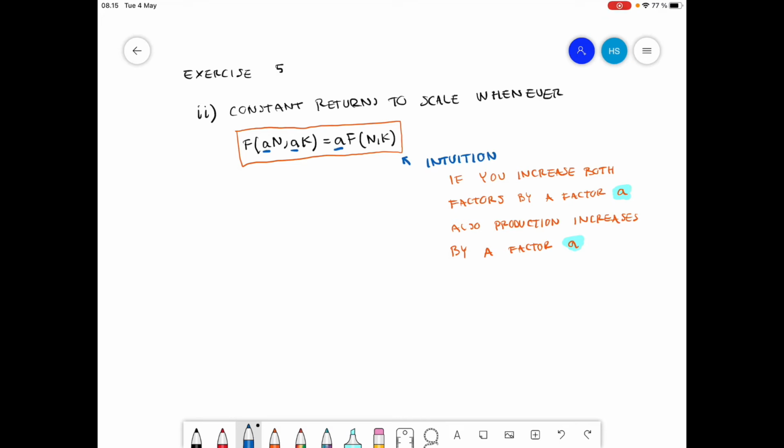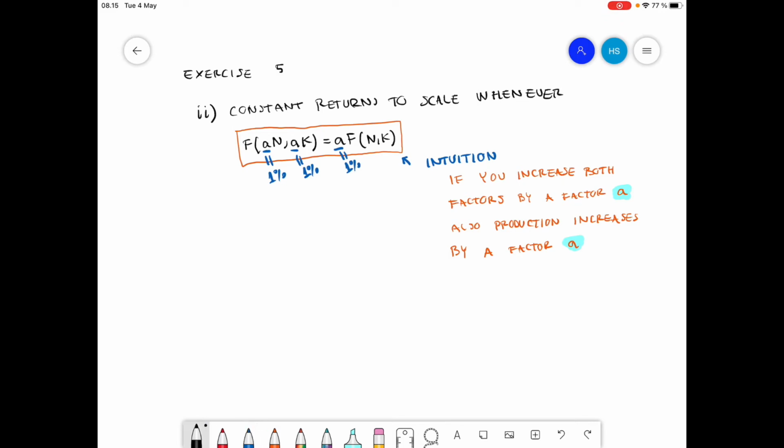So if the production function exhibits constant returns to scale, we know that if I increase both input factors, that is labor and capital, by, say, 1%, then let this a be equal to 1%. So now I increase both input factors by a factor a, that is 1%. Then also production, overall production, should increase by 1%.